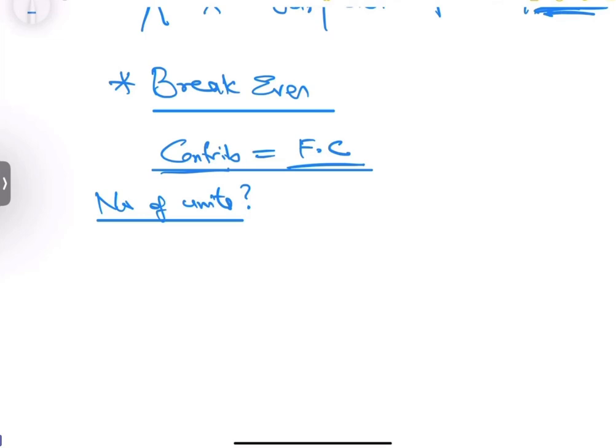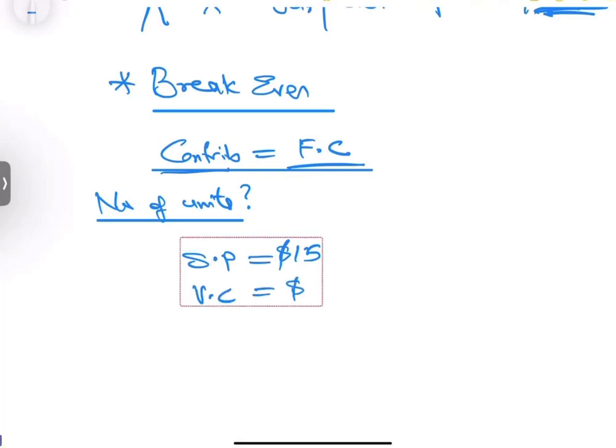So if you have a question, let's say selling price equals $15, variable cost equals $5, and let me say fixed cost equals 20,000.